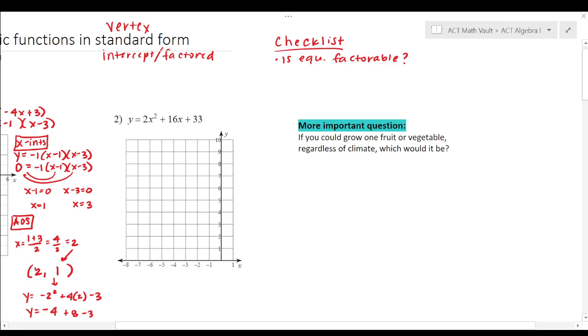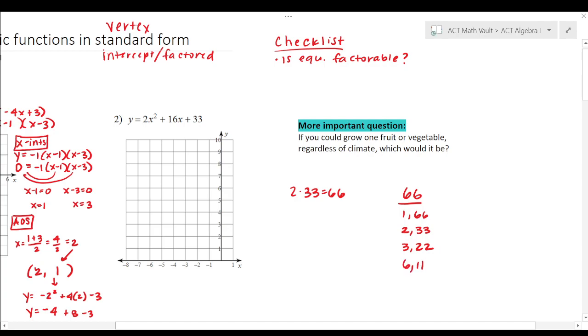I kind of like split the middle right here because then I can go 2 times 33 is 66. Does anything multiply to 66 and add to 16? So I go, okay, 66 is 1 and 66, 2 and 33, 3 and 22, 6 and 11.